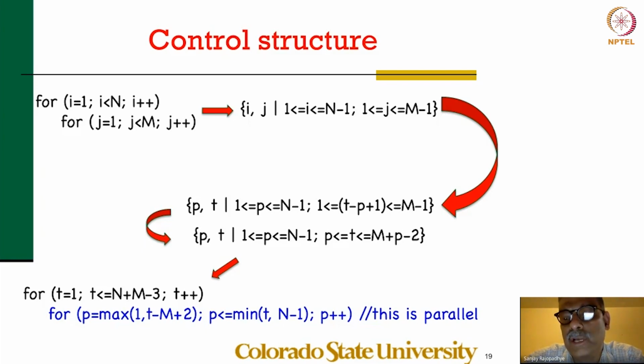And now look at the fourth constraint, t less than or equal to m plus p minus 2. If you manipulate it, what do you get? T minus m plus 2 less than or equal to p. You want p by itself on one side of the inequality. So if you rewrite that last constraint as t minus m plus 2 less than or equal to p, you find that t minus m plus 2 is a lower bound on p.